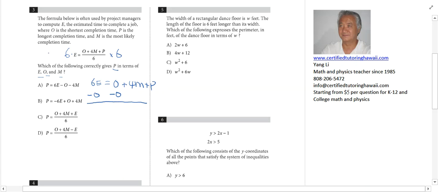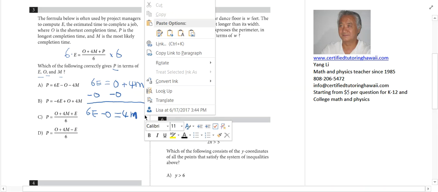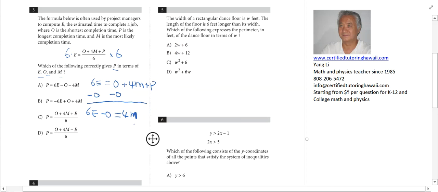So here I will have 6E minus O equals what? 4M and the plus P, right?